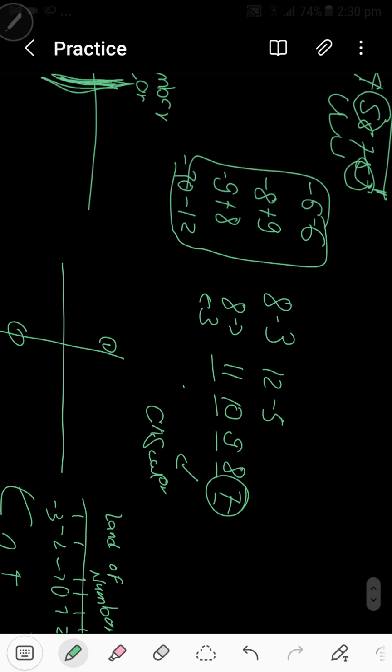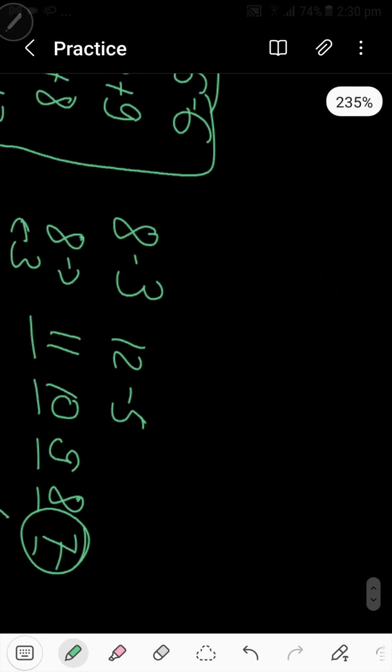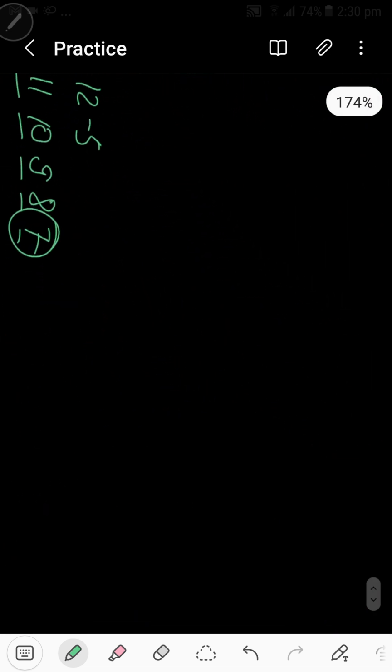Okay, let's do the questions that involve the thing called sign. In most of our schools, you must have heard about something like the sign rule. In the sign rule, we talk about things like minus times plus equals minus, and we also learned about plus times plus equals plus.